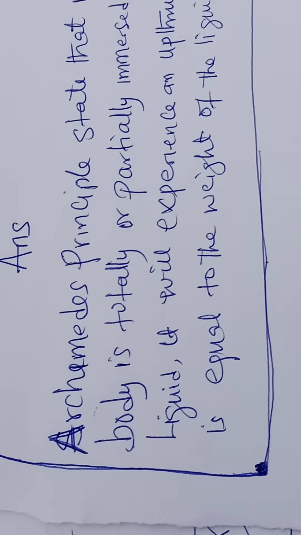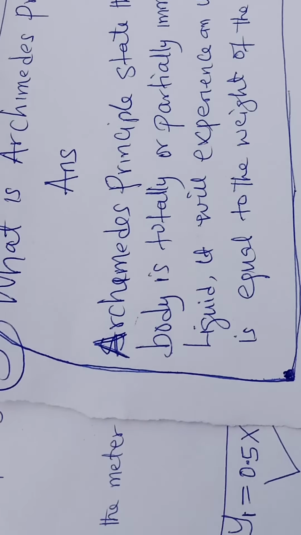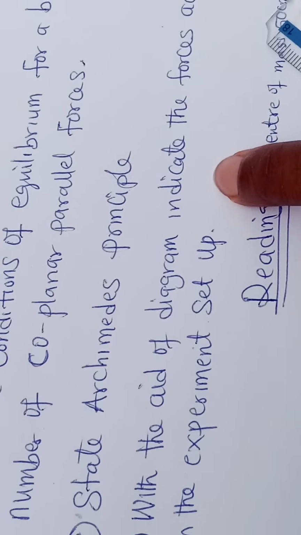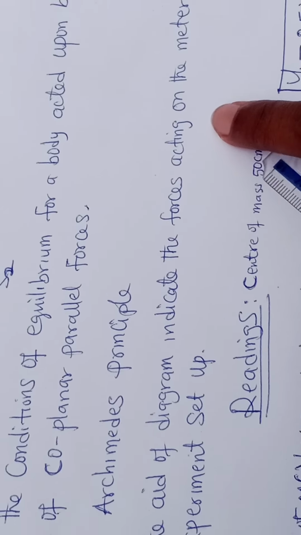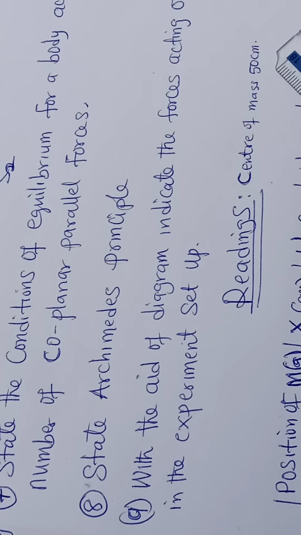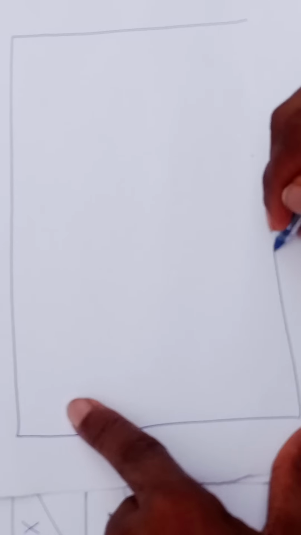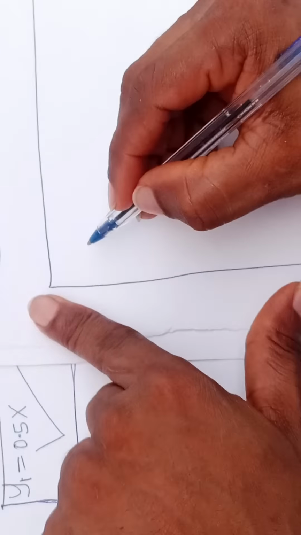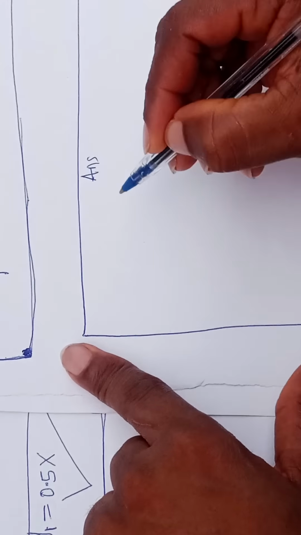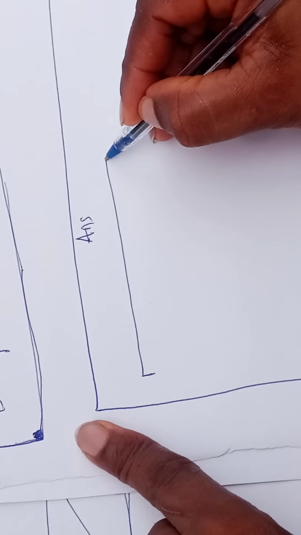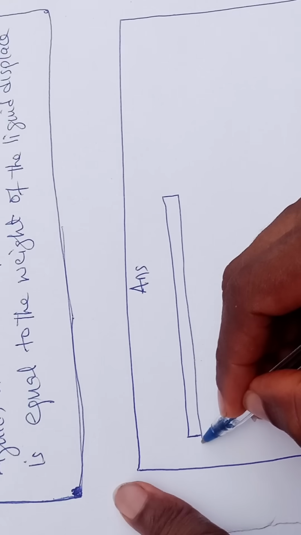Okay, we still have another question that says, with the aid of a diagram, indicate the forces acting on the meter rule. So I am going to give my answer. This is what I have as the meter rule.